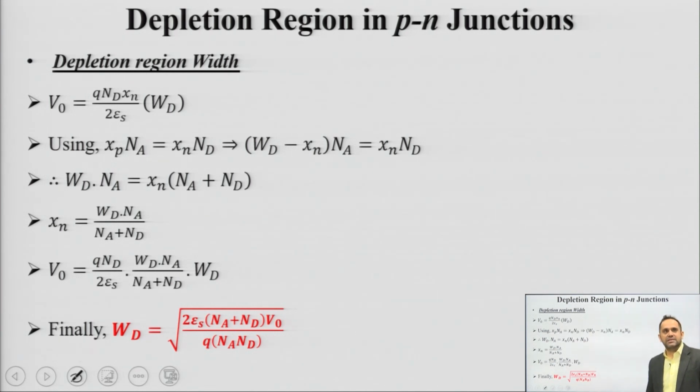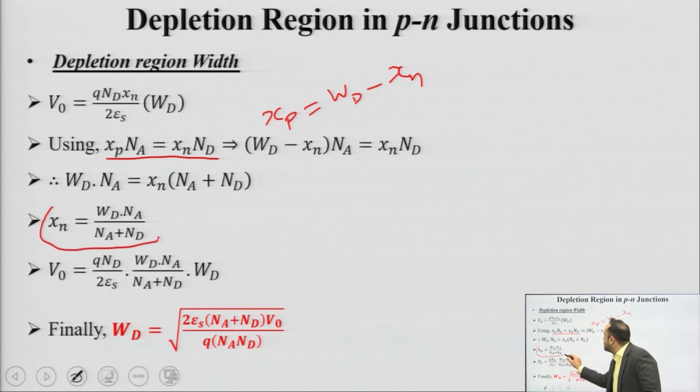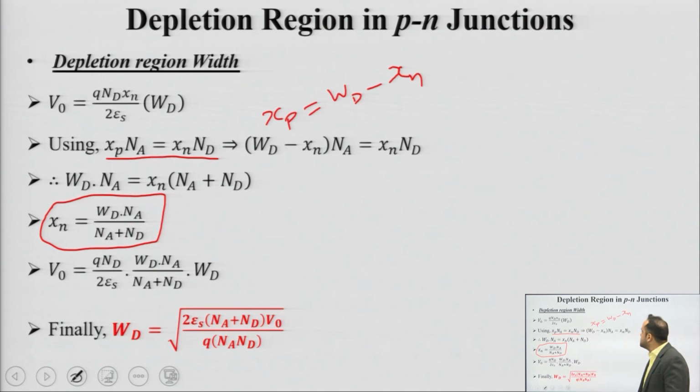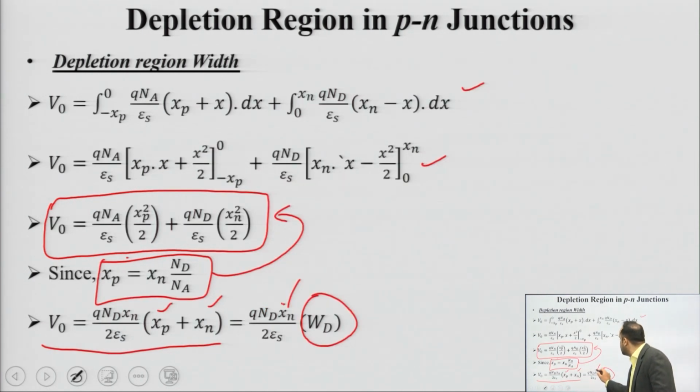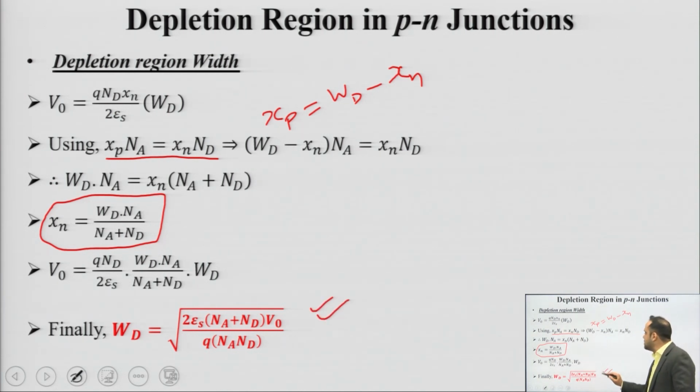To eliminate this, I am going to use this expression again. For Xp, I am going to write total width minus Xn. Okay. With this, I am going to get the expression for Xn. This substituted in this equation here is going to give you an expression for V naught. Just a simple mathematical arrangement on either side is going to give you the expression for the depletion region width.